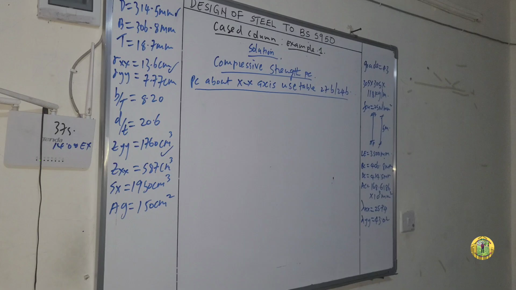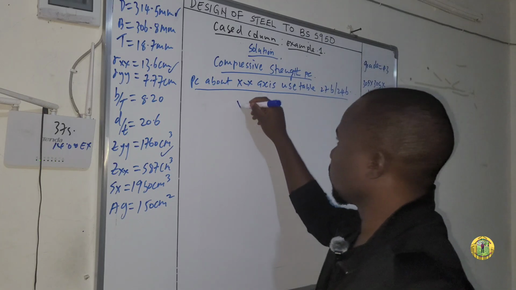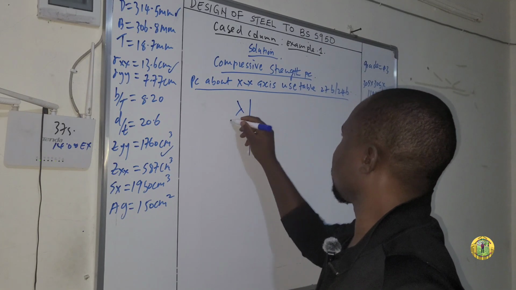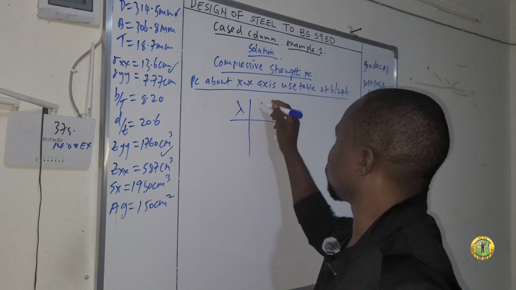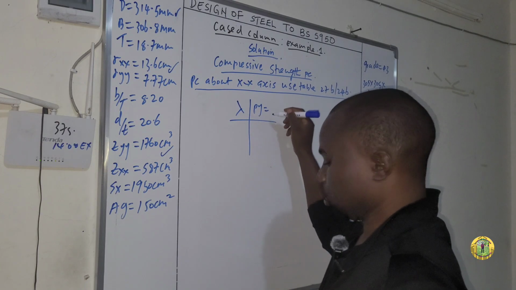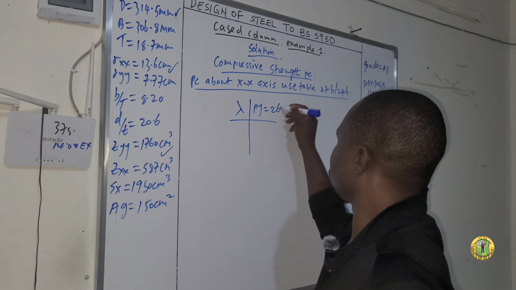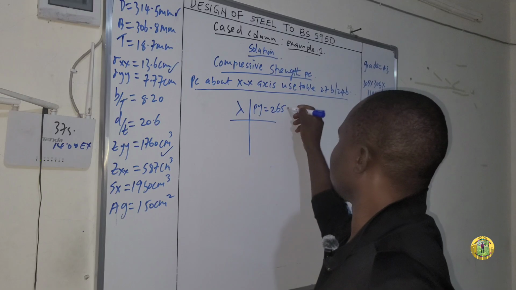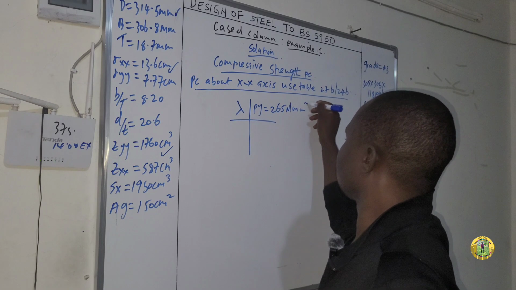So we have this slenderness ratio, and here we have 200. This is Py, which is equal to 265 Newton per millimeter square.